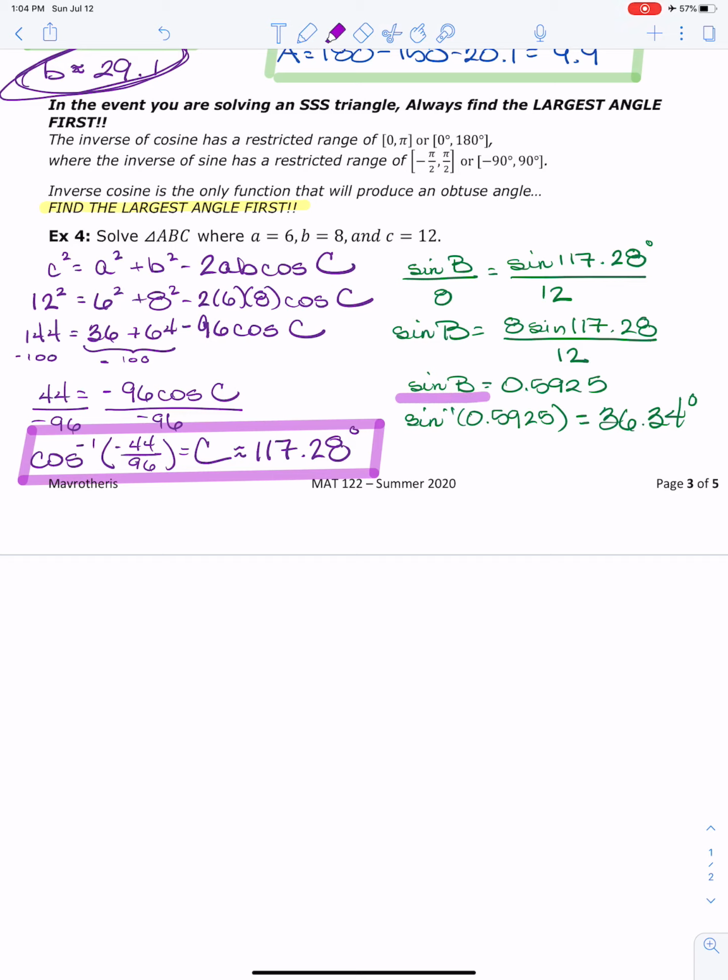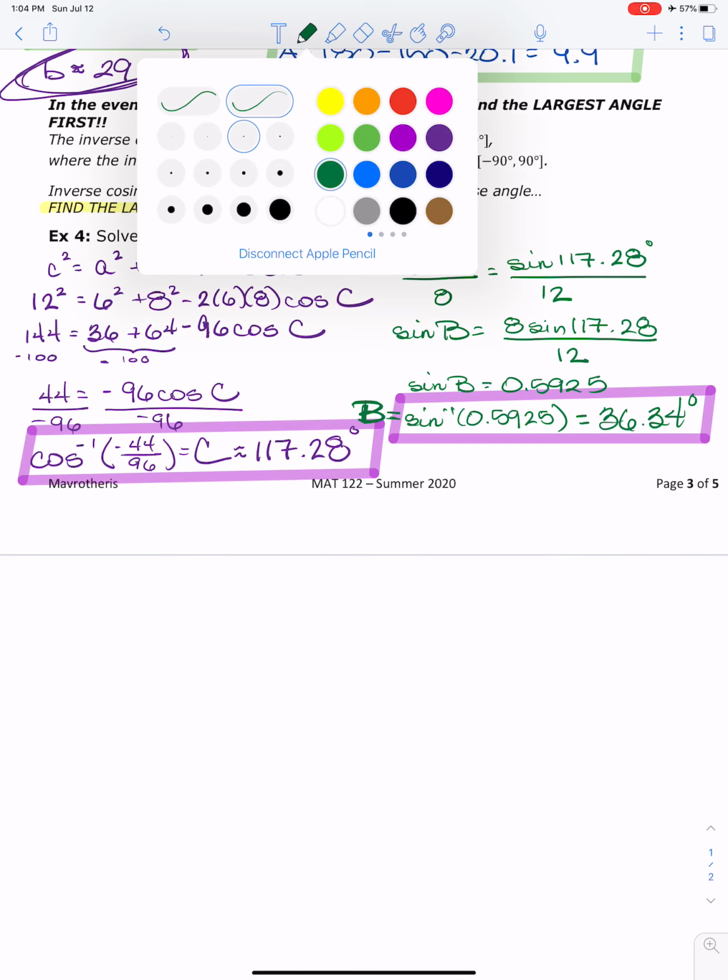Again, I'm carrying them a little further than one place just because as I plug them into subsequent formulas, I want them to be as precise as possible. Perfectly fine to have angle C as 117.3, angle B is 36.34.